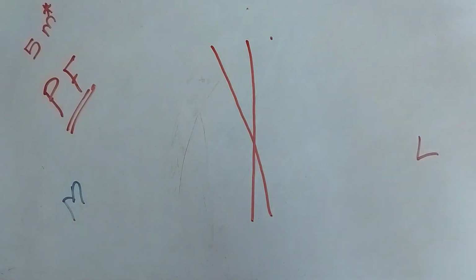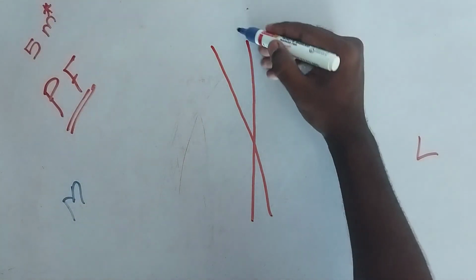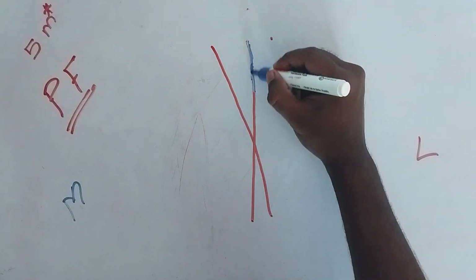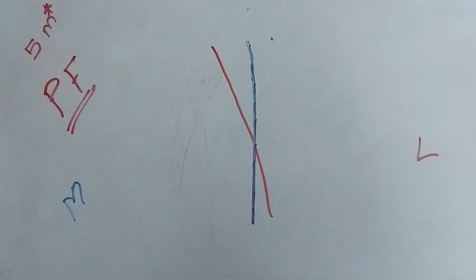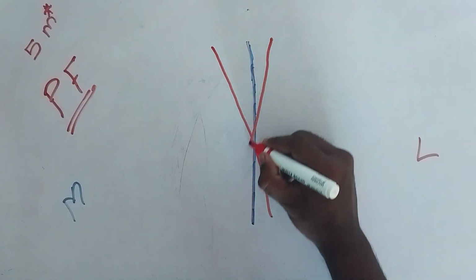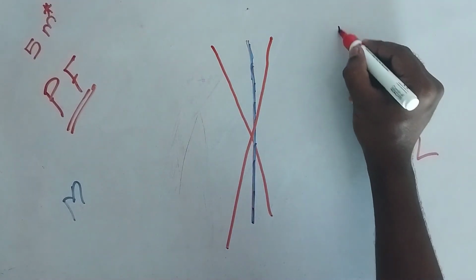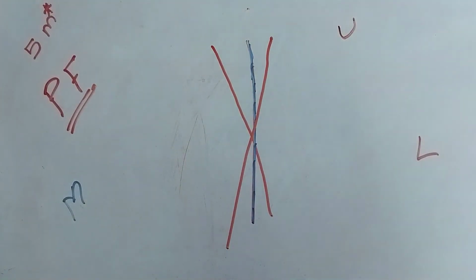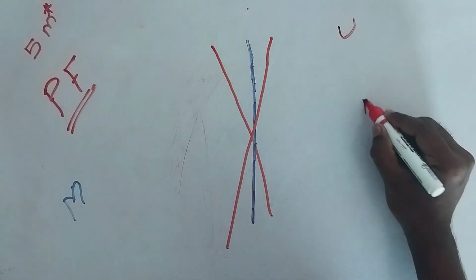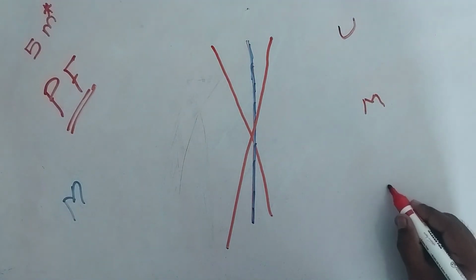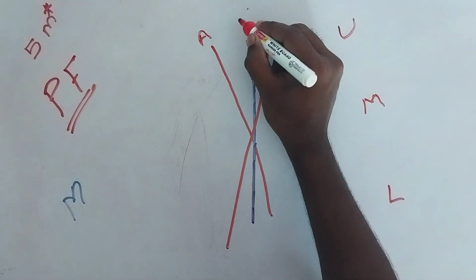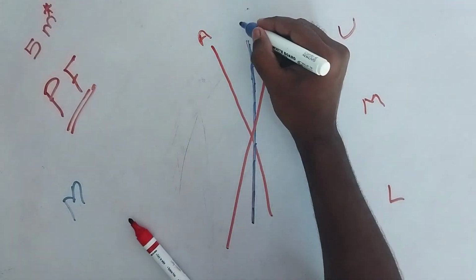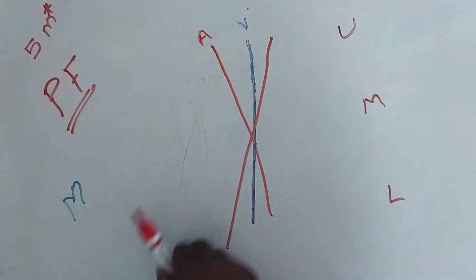The popliteal artery is shown in red, the popliteal vein in blue, and the nerve again in red. Here is the upper part of the popliteal fossa, here is the middle part, and here is the lower part. Here are the artery, vein and nerve.